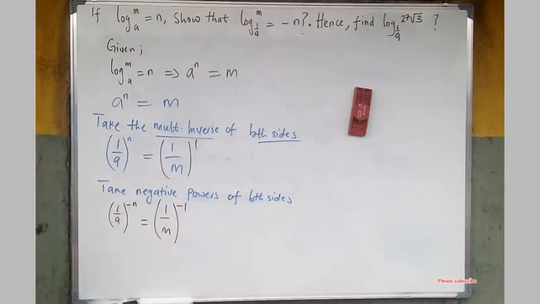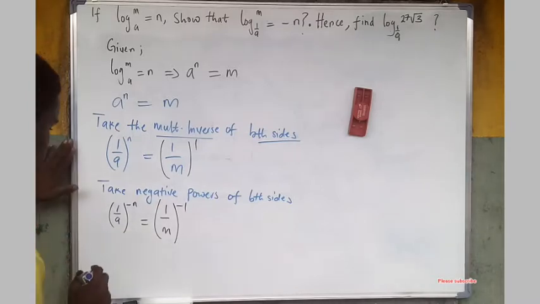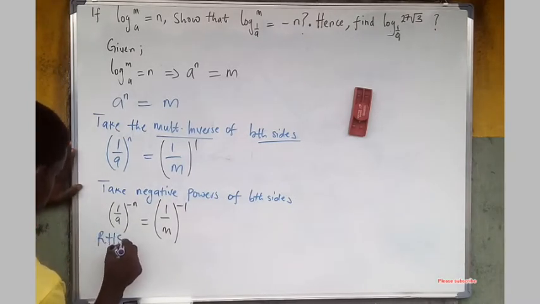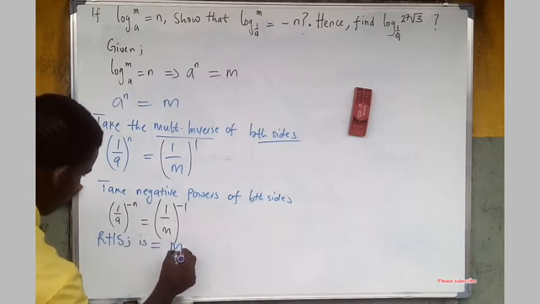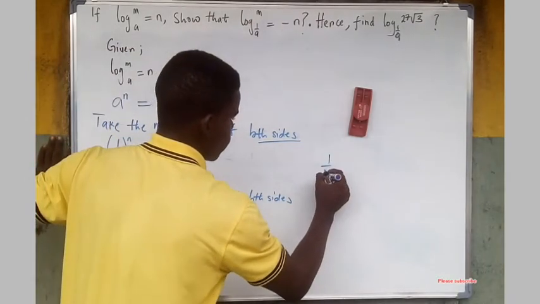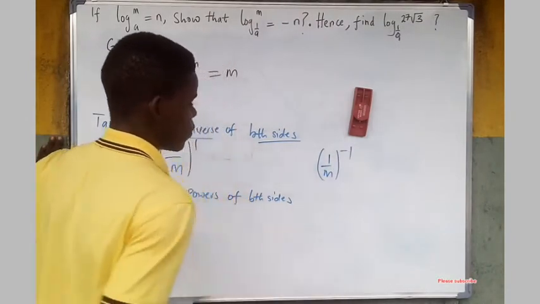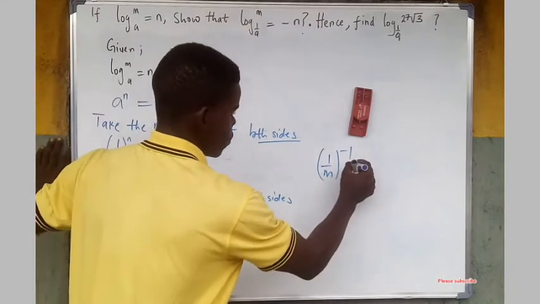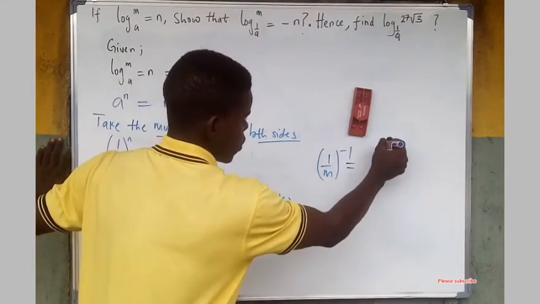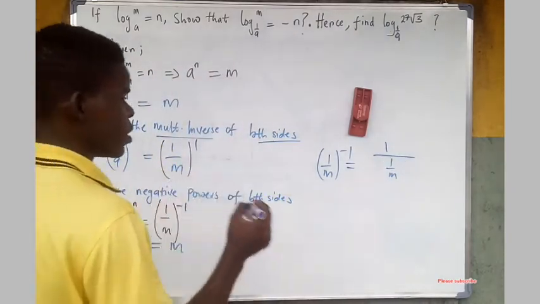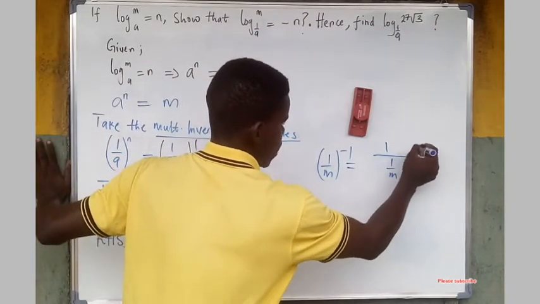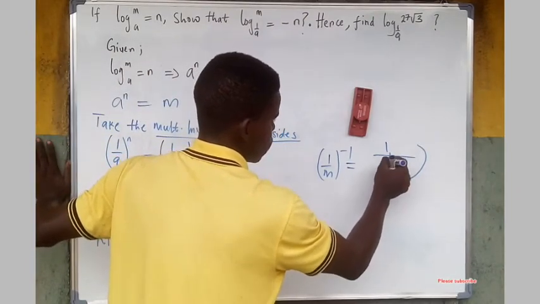Now simply, let's go further. Observe that the right hand side, 1 over m raised to the power negative 1, means 1 over m flipped: m goes up, this comes down.